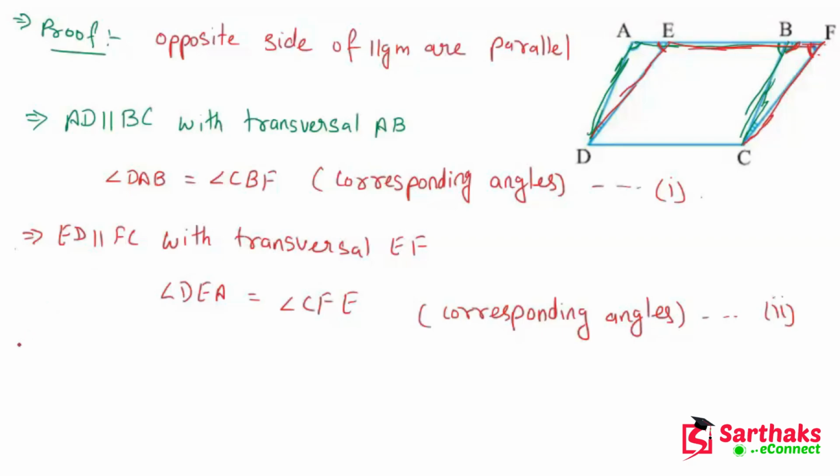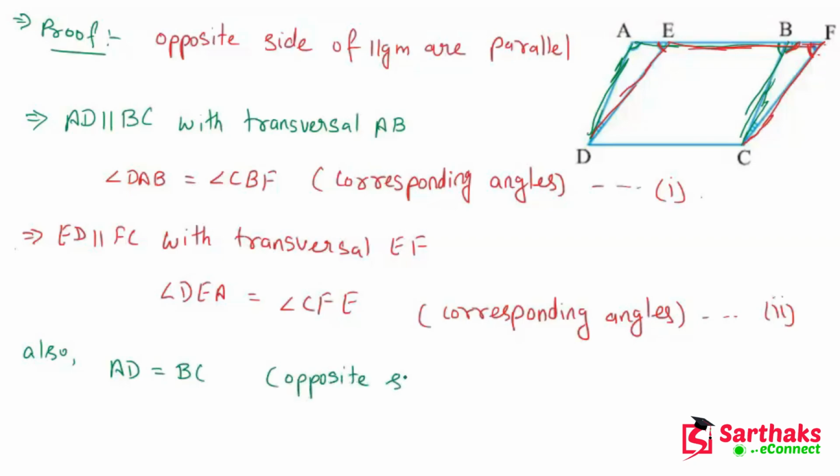Okay, also here we can write AD. This AD is equal to BC, because we know that opposite sides of a parallelogram are equal. So AD is equal to BC.